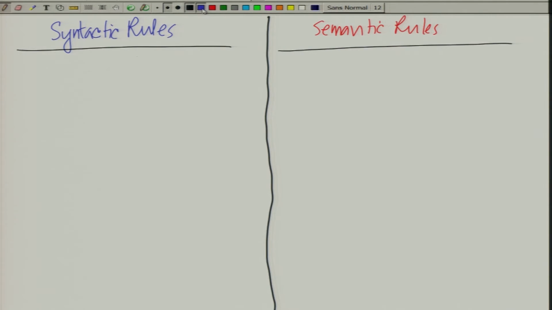Montague's idea is whenever we have a syntactic rule here, we have a corresponding semantic rule there.